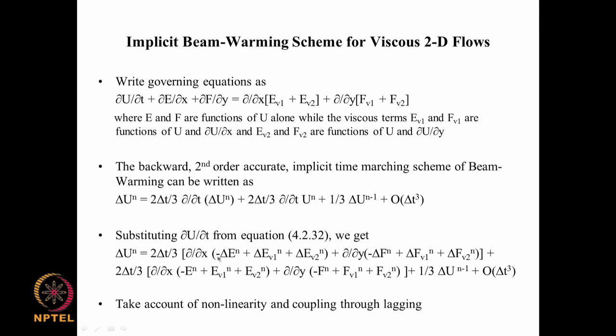So you have dou by dou x of delta E n, that is coming from here, and then delta EV1 n plus delta EV2 n. These are the dou by dou x terms, and then dou by dou y of delta F n and then you have FV1 and FV2 n.